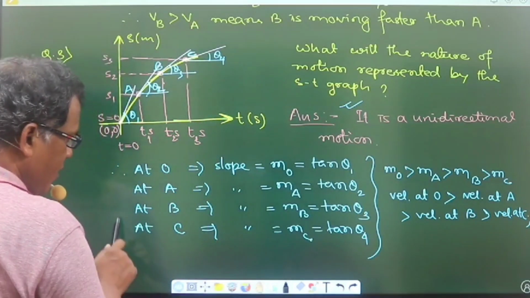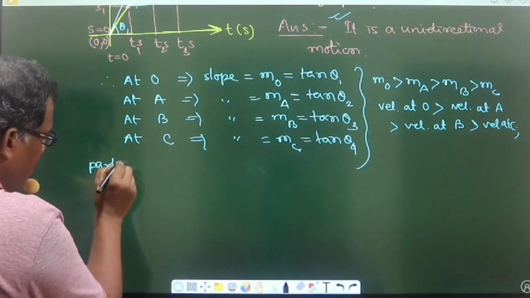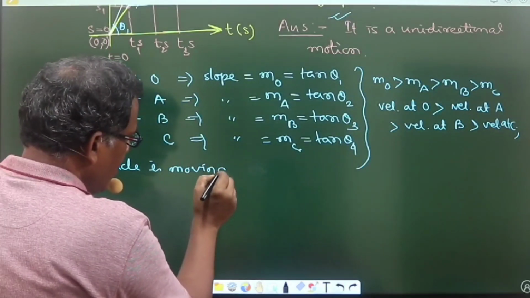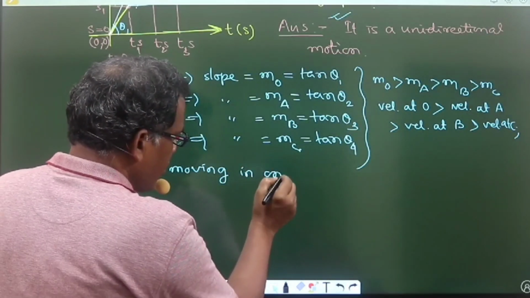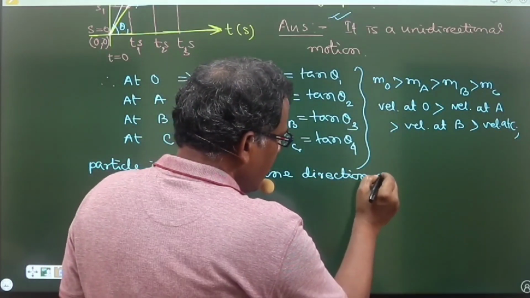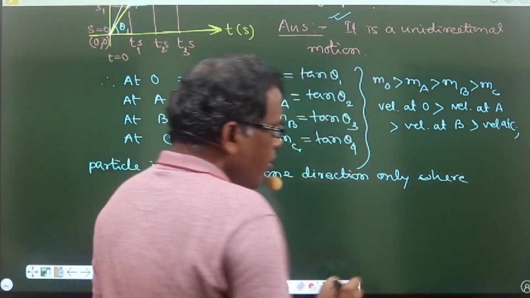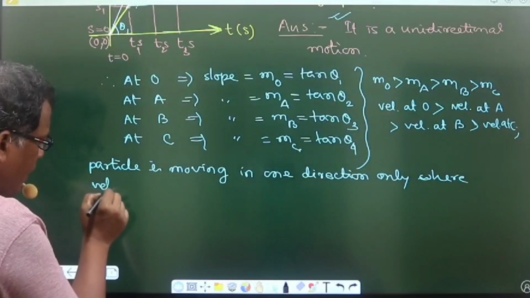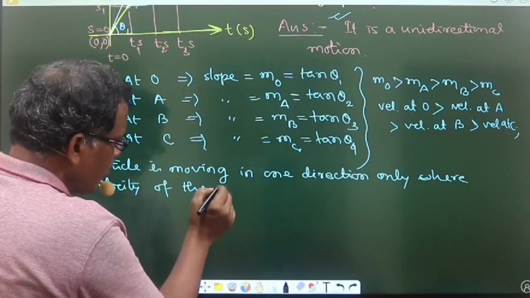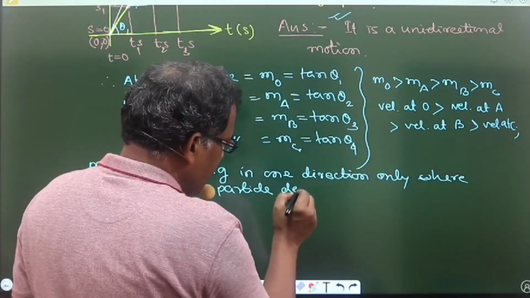So here we can say one thing regarding the observation, that the particle is moving in one direction only, where the velocity of the particle decreases continuously.